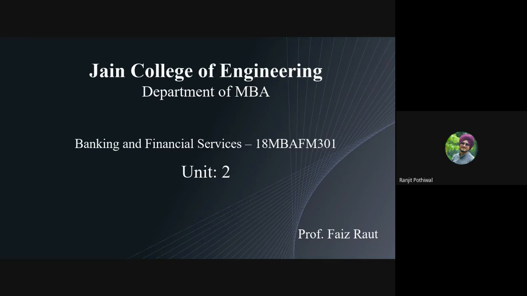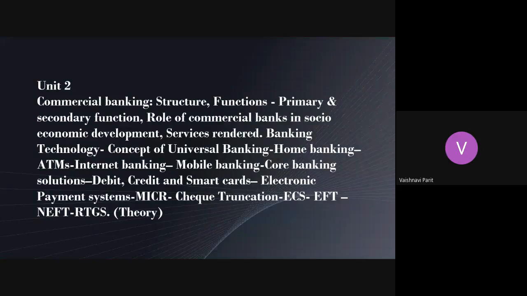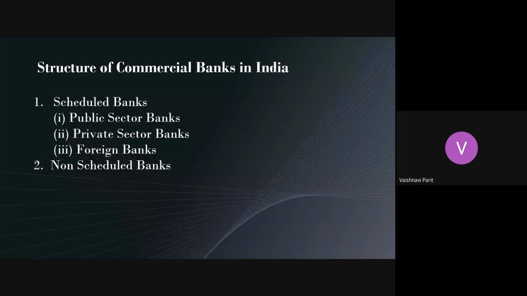Okay. Last lecture we started with the second module. We did the structure of commercial banks in India: scheduled banks, which are the banks called scheduled banks, and another type of banks called non-scheduled banks. Scheduled banks are the banks mentioned in the second schedule of the Banking Regulation Act of 1949.